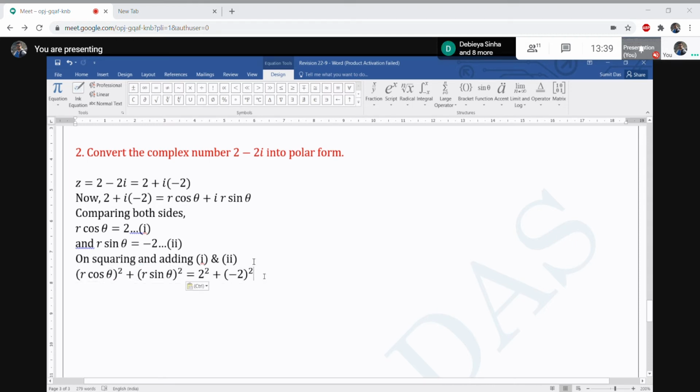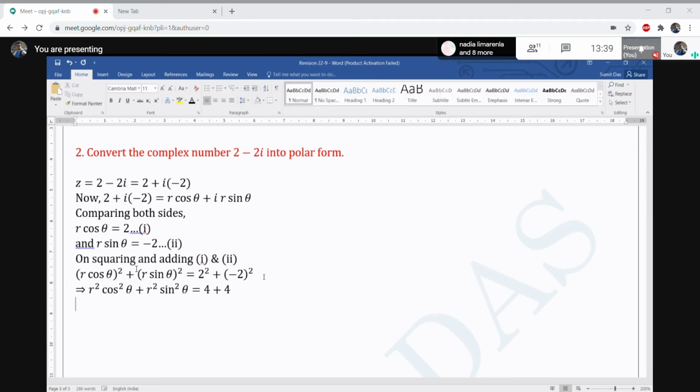Squaring and adding, so next line we can write r square cos square theta plus r square sine square theta is equal to 2 square is 4 plus 4.